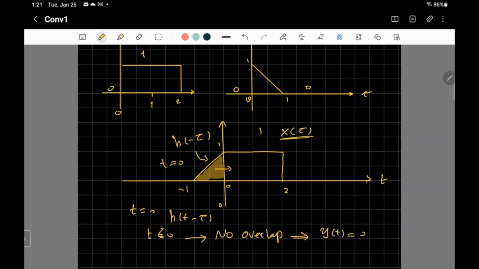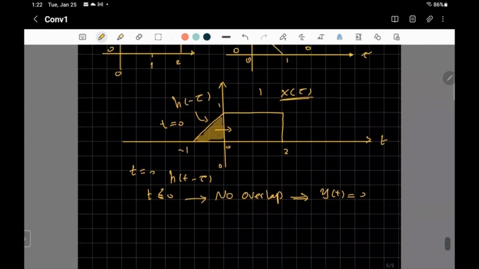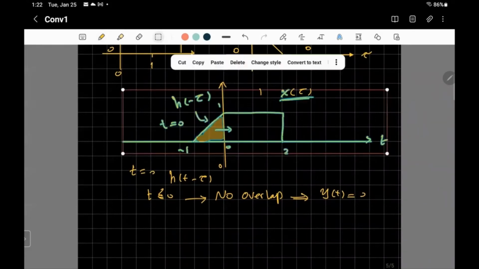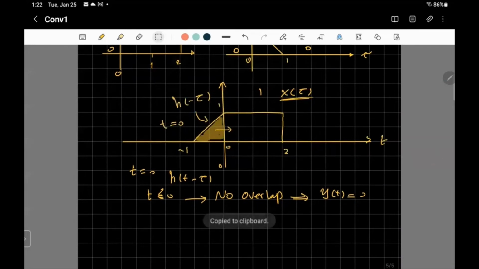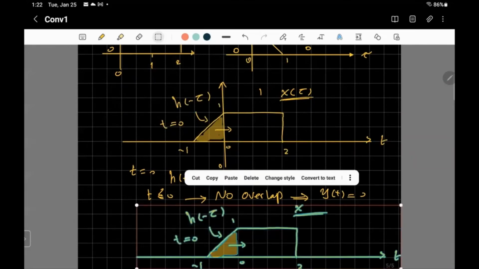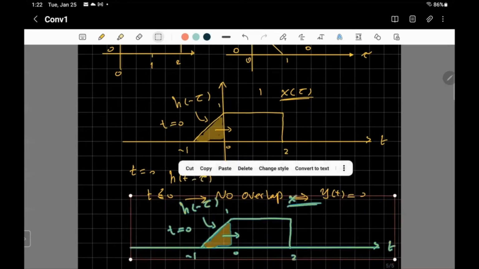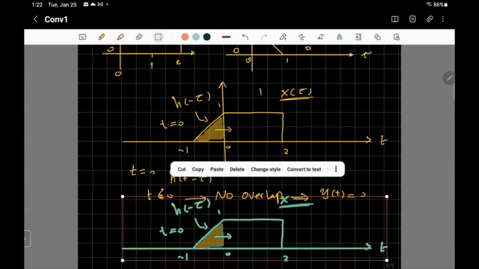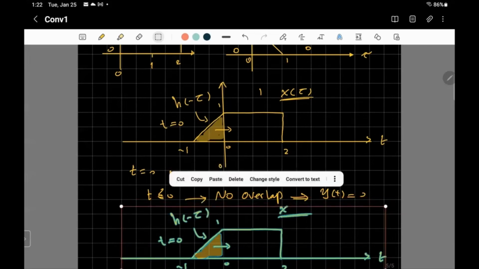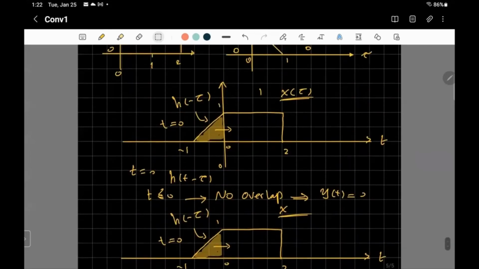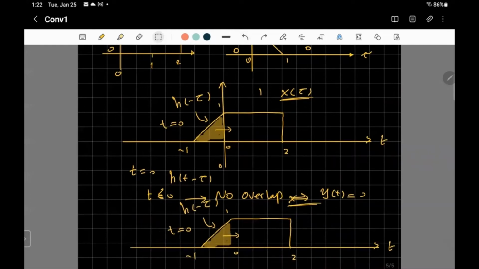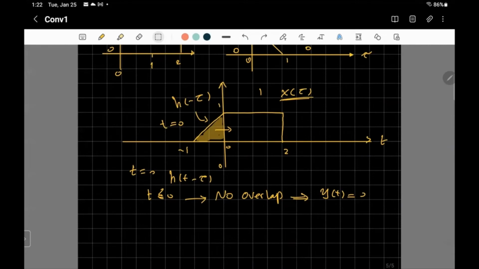Now I will start to move the triangle inside this rectangle. I will take the same. Okay. Yes, your question?